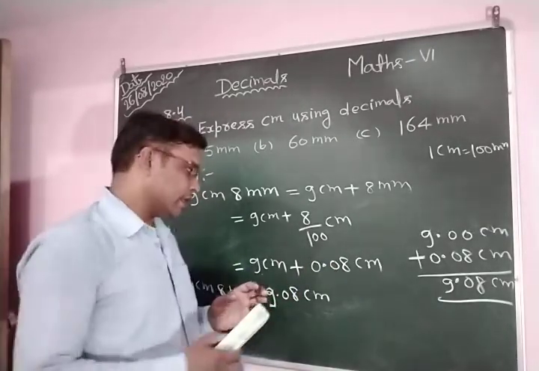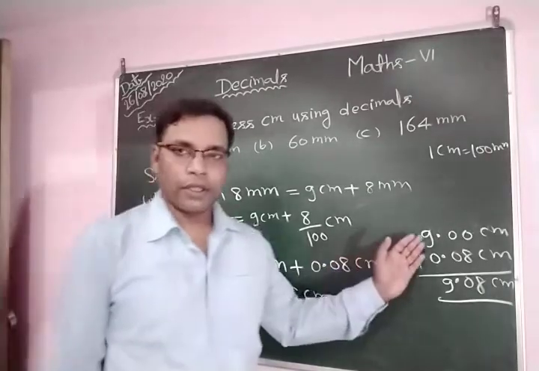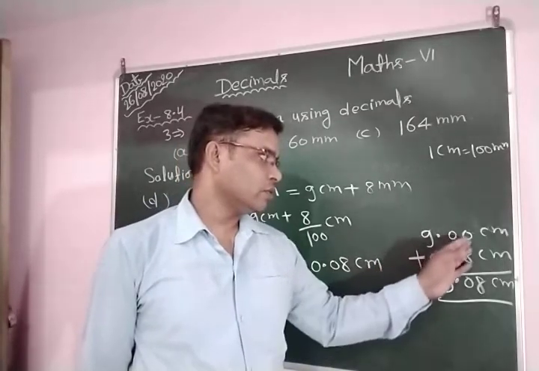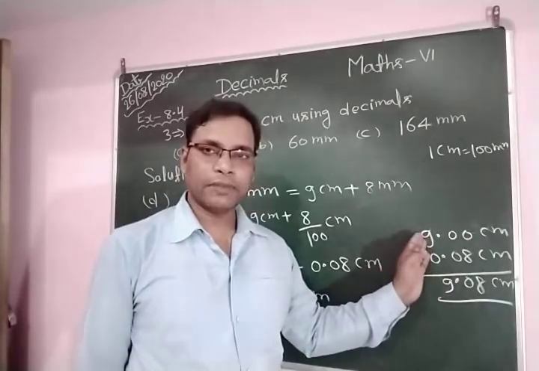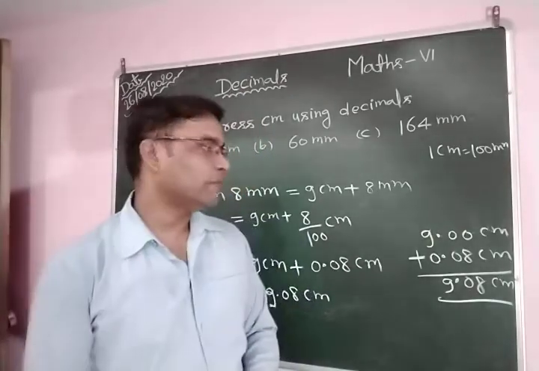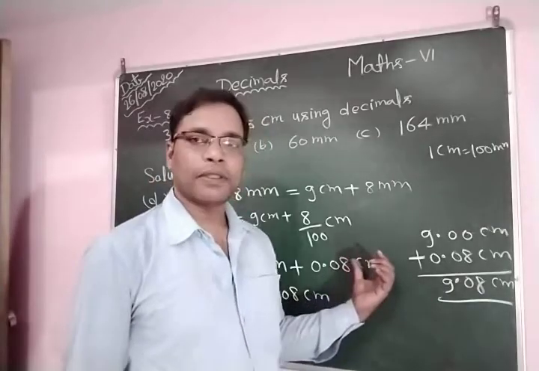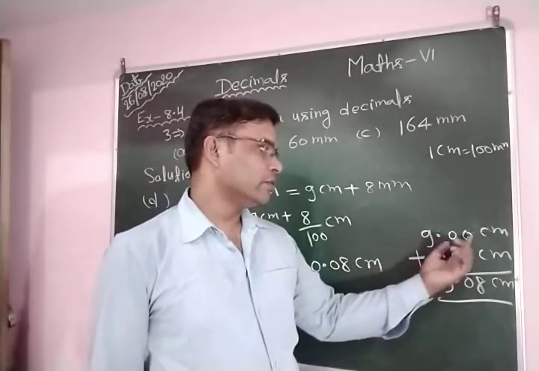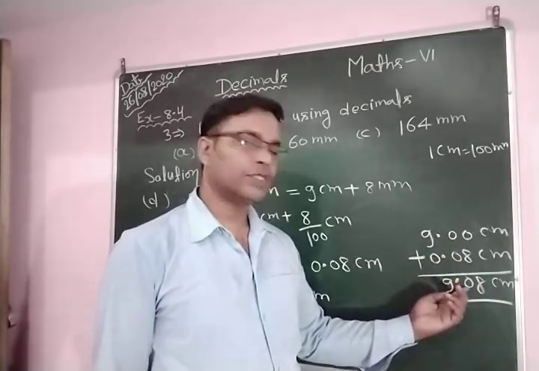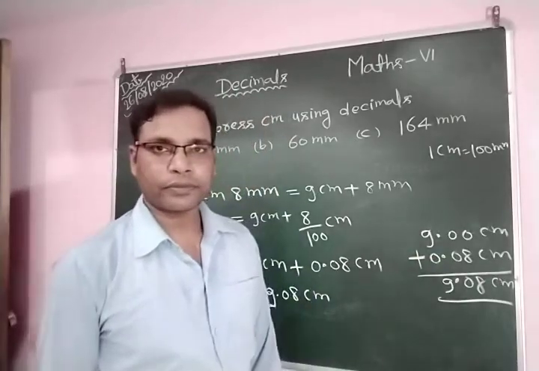In the next step we add them in the vertical method: 9.00 and 0.08. 0 plus 8 is 8, 0 plus 0 is 0, and 0 plus 9 is 9.